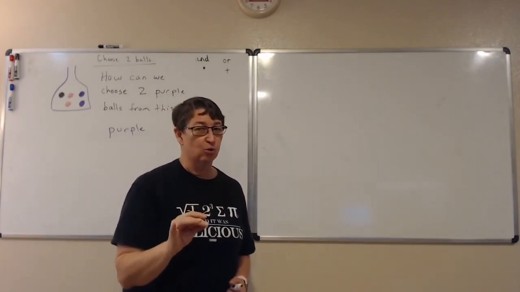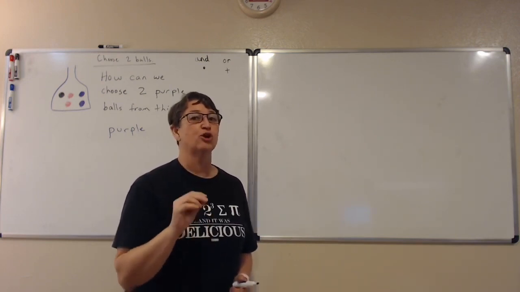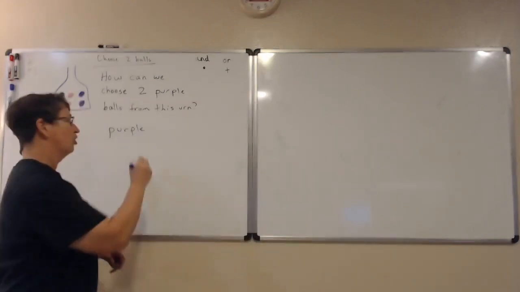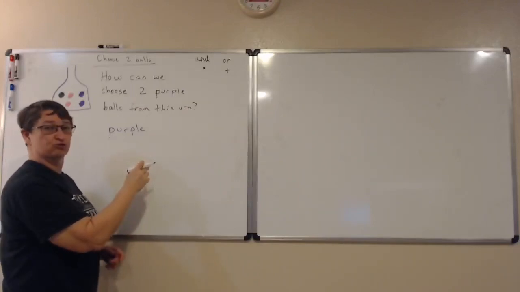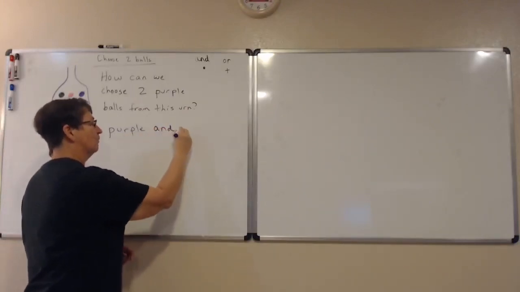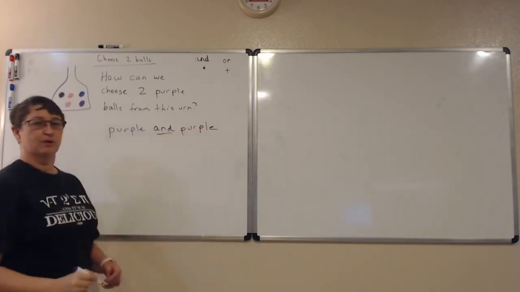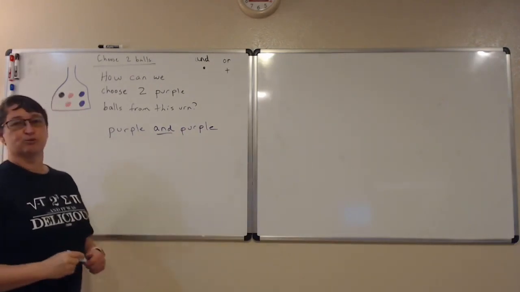So the words and, or, when you're doing your homework, I want you to make sure that you write down the word and. Don't just tell me two purples. I want to know how you're getting those two purples. So in other words, you're doing a purple and a purple. That's how we can get two purples from this urn.